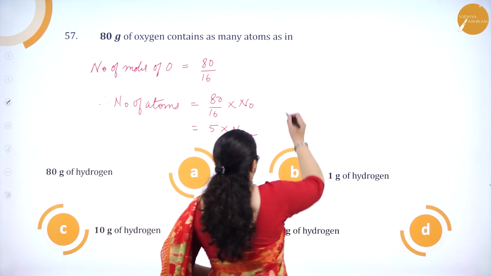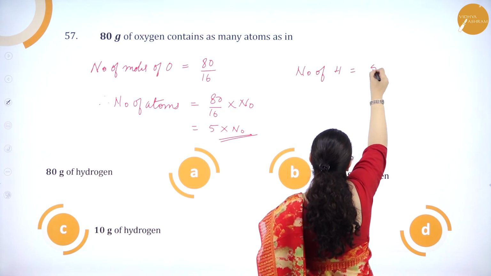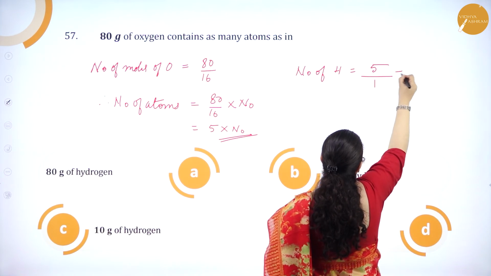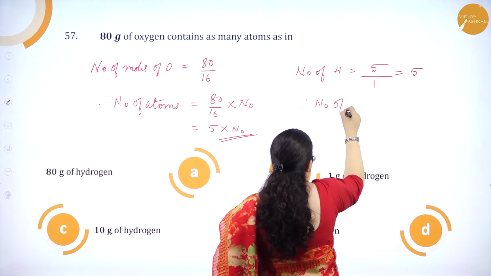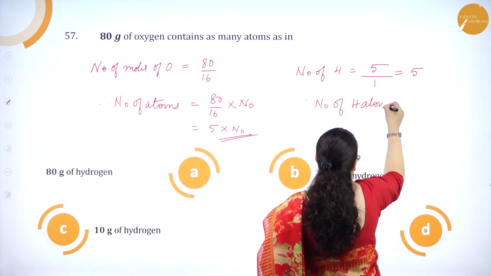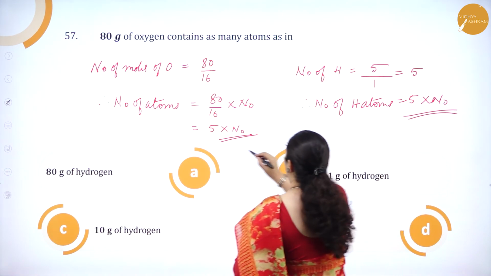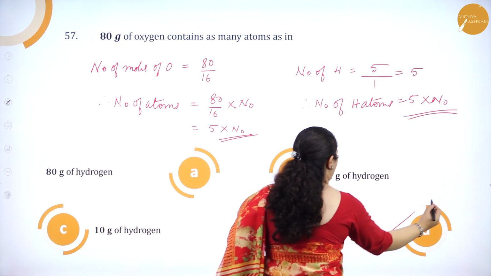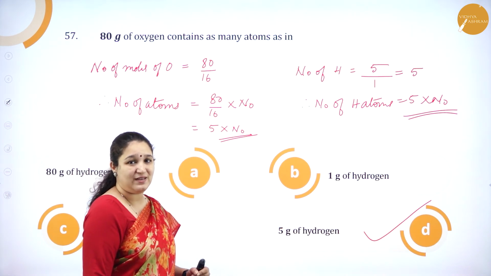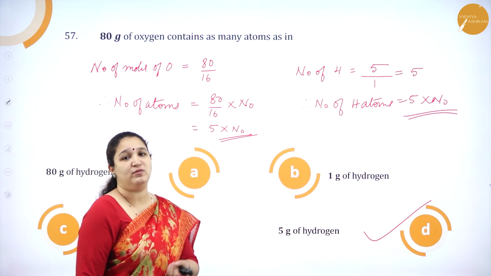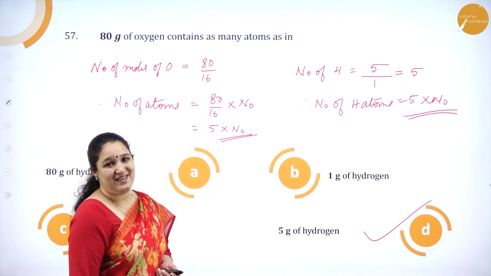Therefore, the number of hydrogen atoms will also be 5 into NA. So you can see it is the same. So 80 grams of oxygen contains the same number of atoms as 5 grams of hydrogen. So option D is the correct answer.